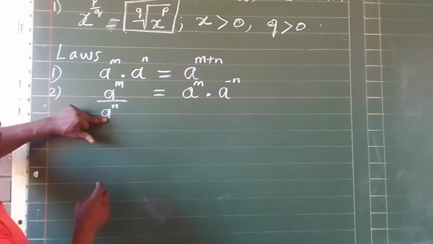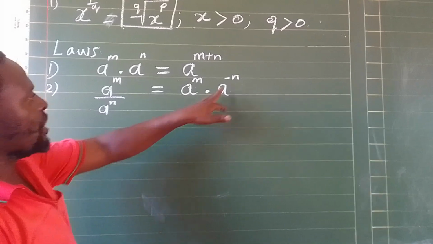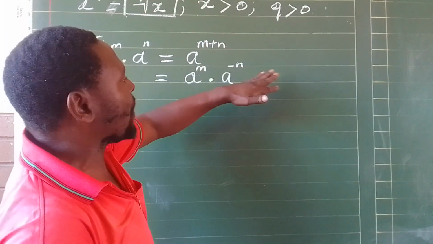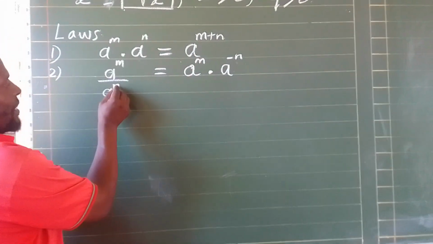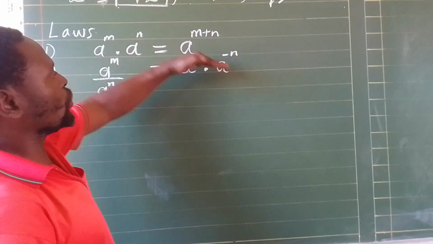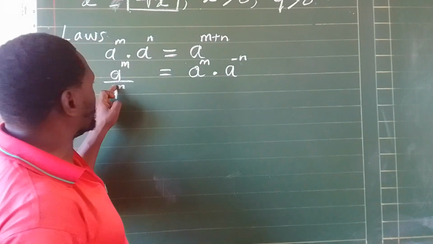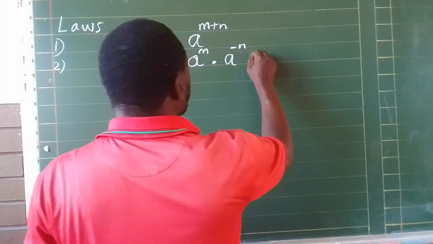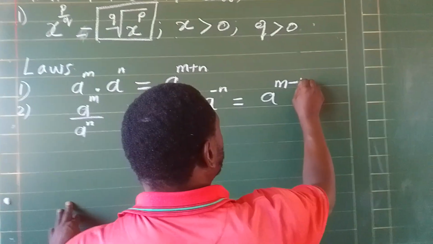When you take this a to the power n from the denominator to the numerator, you change the sign of the exponent from positive to negative. Now this is going to be equal to a to the power m minus n.